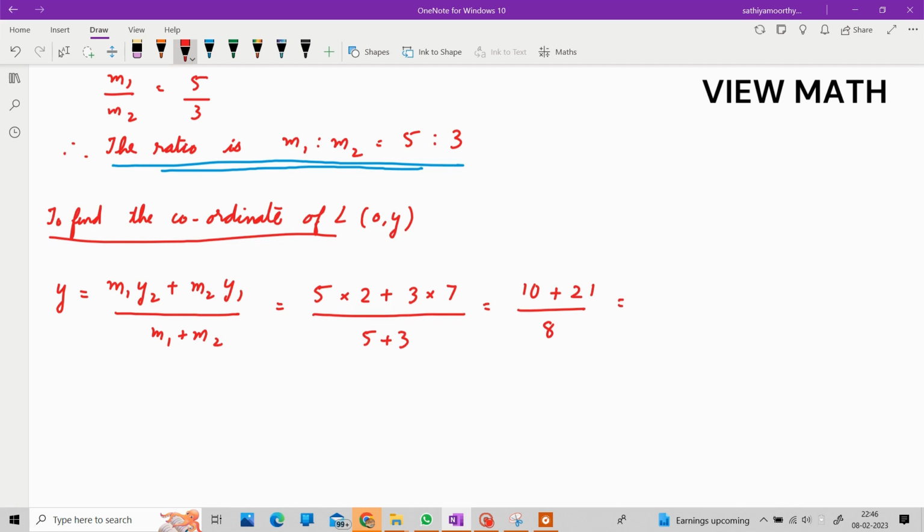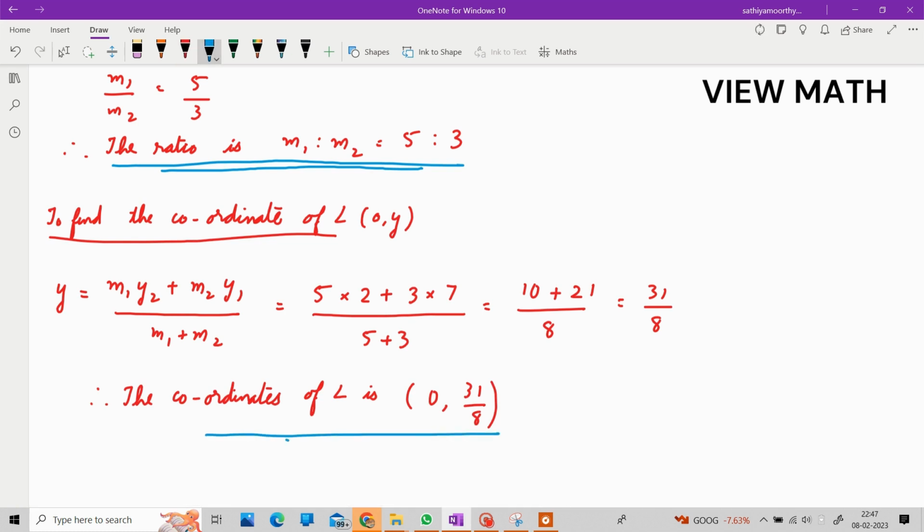So this is equal to 31 by 8. Therefore the coordinate of L has abscissa 0 and y is 31 by 8. So we have found out the third part of the question. L is equal to (0, 31 by 8).